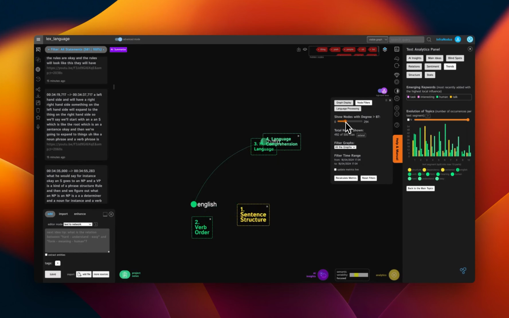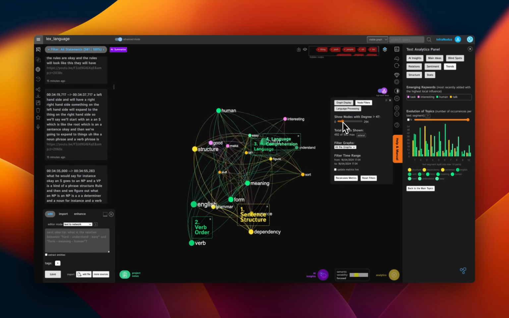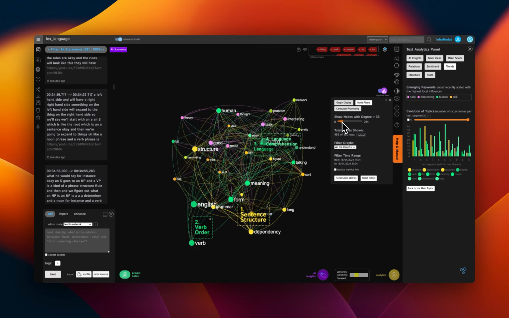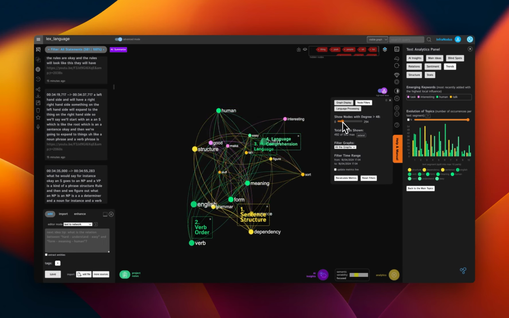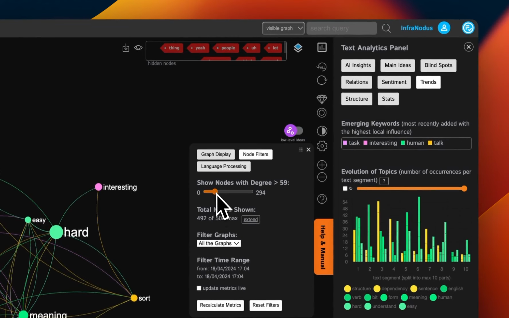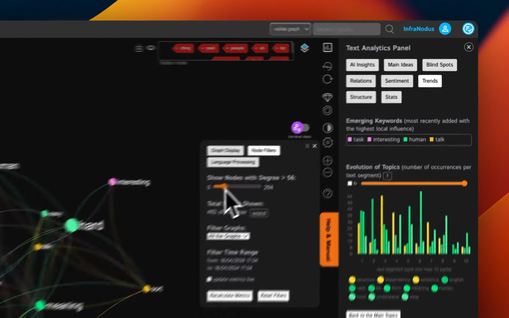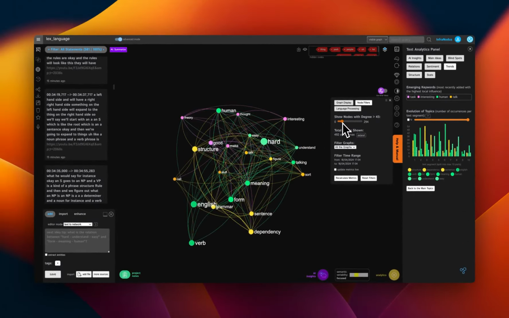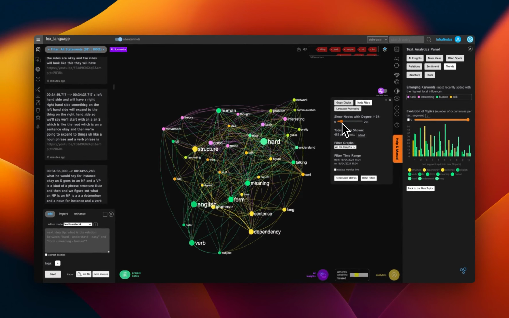It's interesting. Hard English. Hard is one of the most fundamental parts of this. So I want to get to a place where it's not crazy cluttered, but also not completely sparse. I want to turn off these real quick. I think somewhere around, I don't know, it's kind of subjective for me right now as I'm just exploring this.